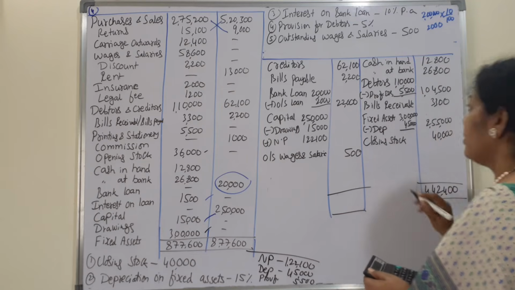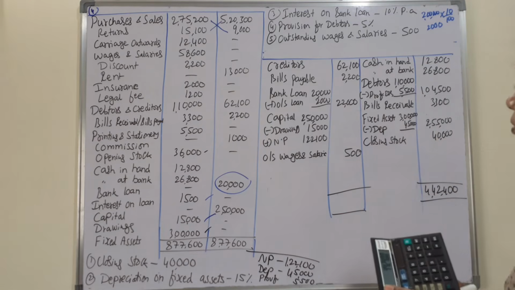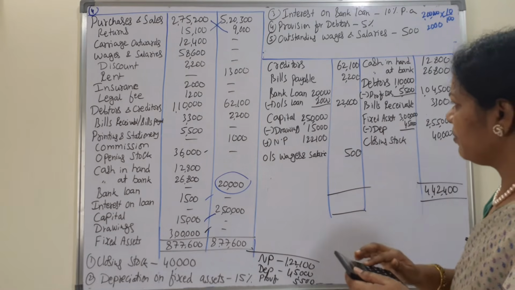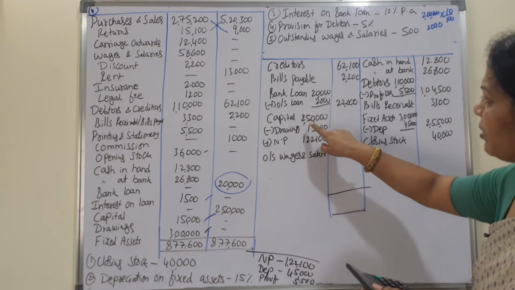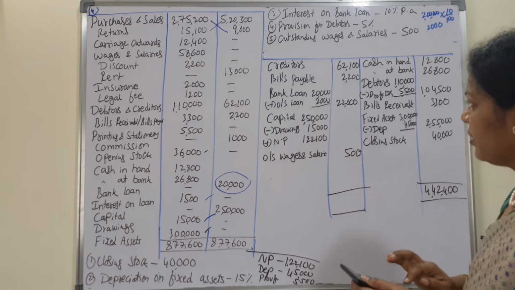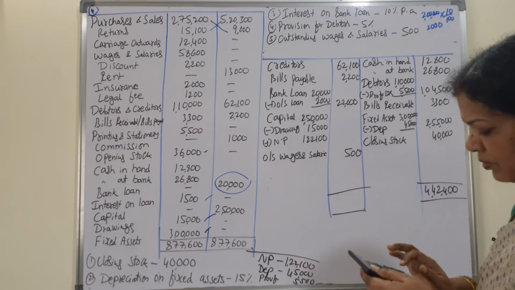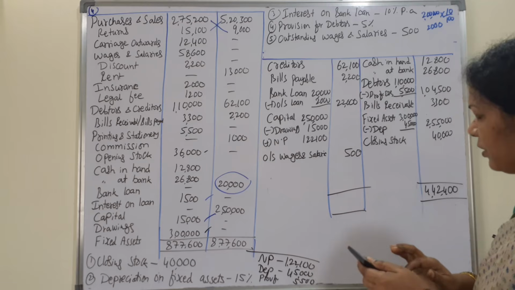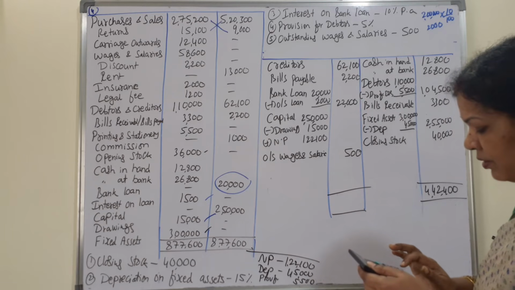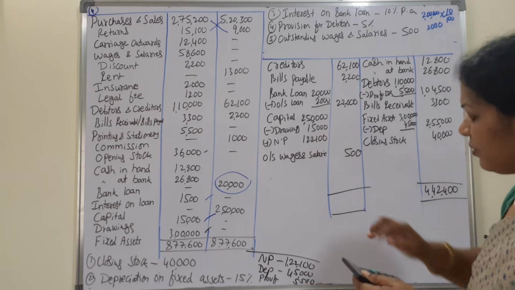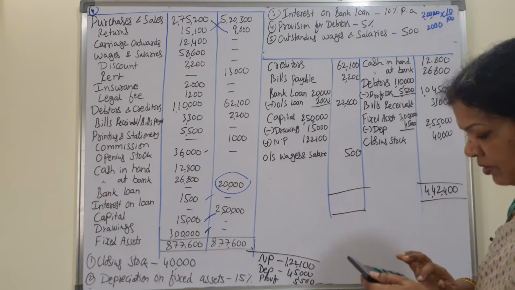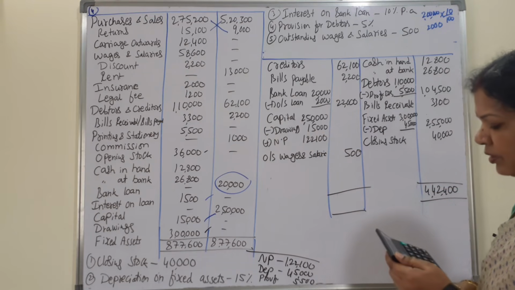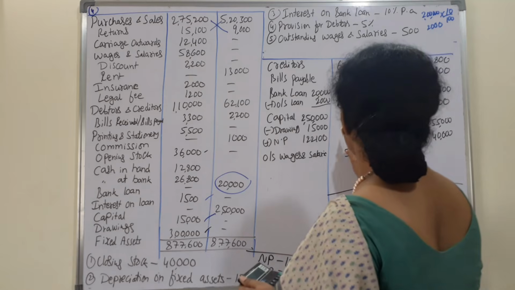Also we'll see this one. First one, capital, we'll see the inner calculation. 2,50,000 plus net profit 1,22,100 minus 15,000. This is 3,57,100.